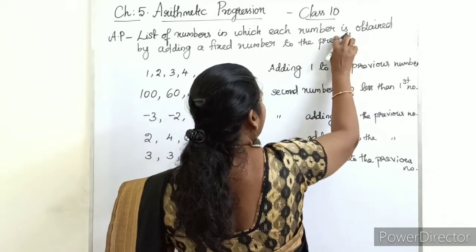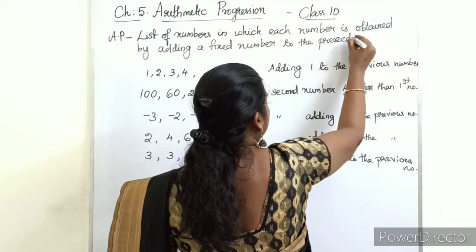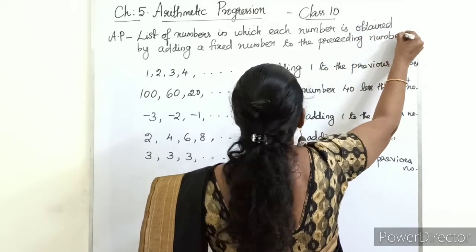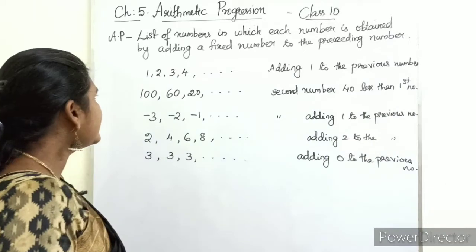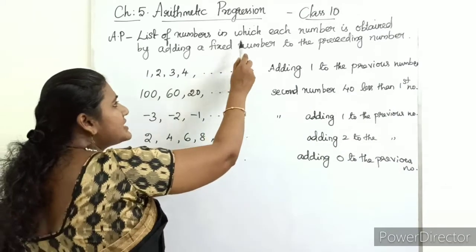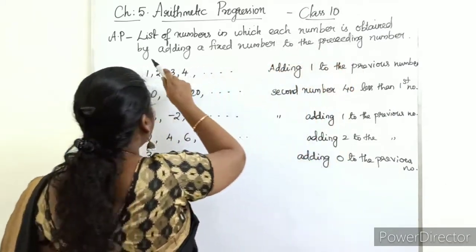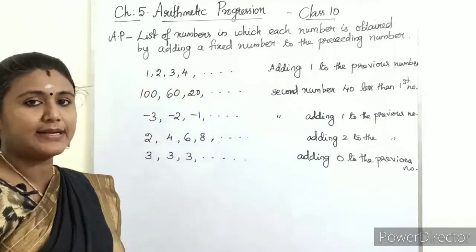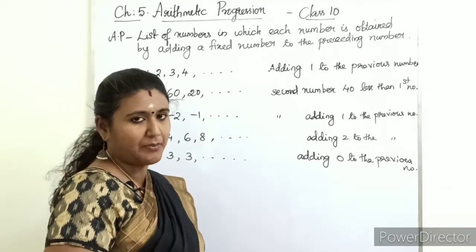So this is the definition of arithmetic progression. Preceding number means the previous number.